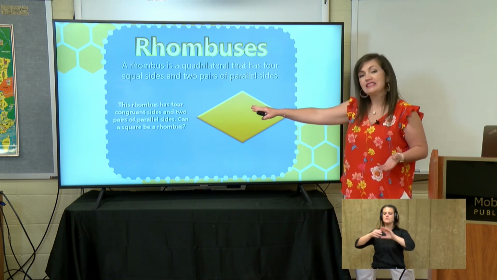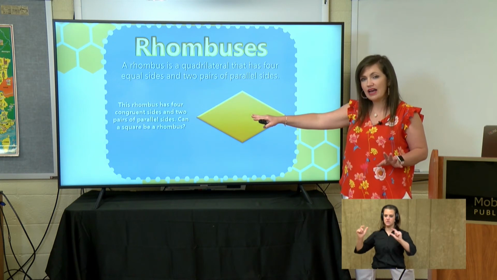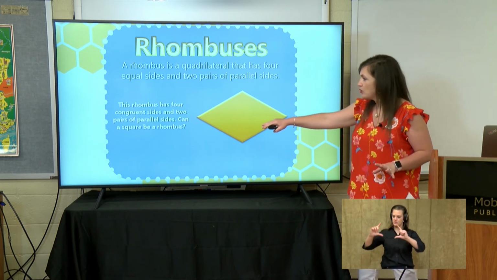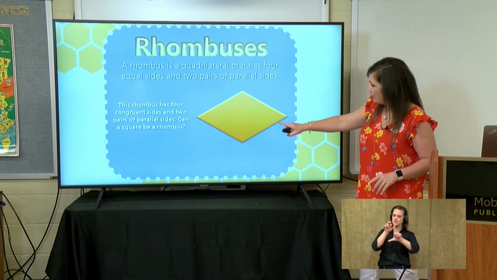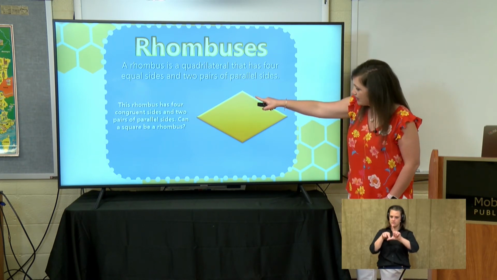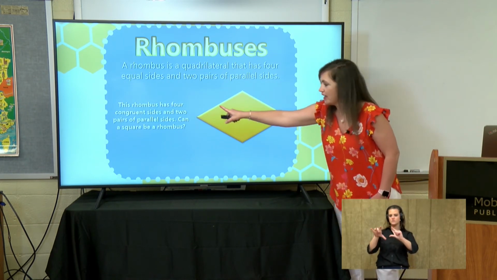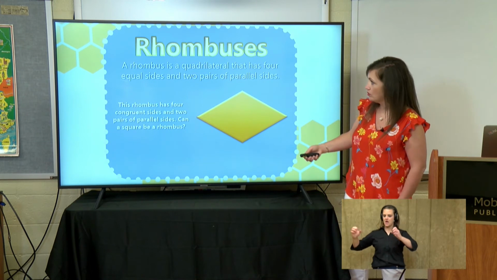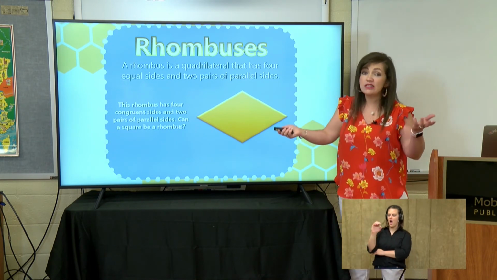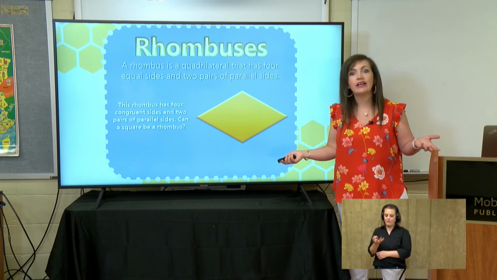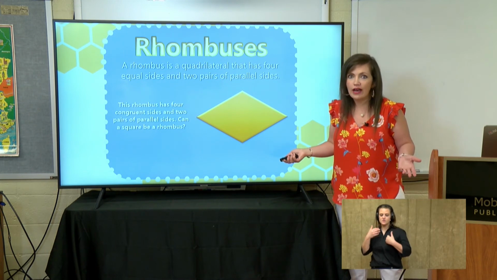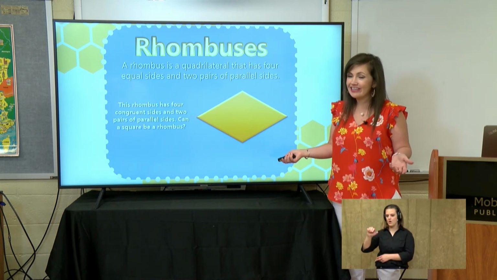But with a rhombus, it has 4 equal sides, but none of the angles are going to be right angles. If you notice, it has 2 obtuse angles and 2 acute angles. All right, but because it is a 4-sided figure, it is also a quadrilateral and a polygon.